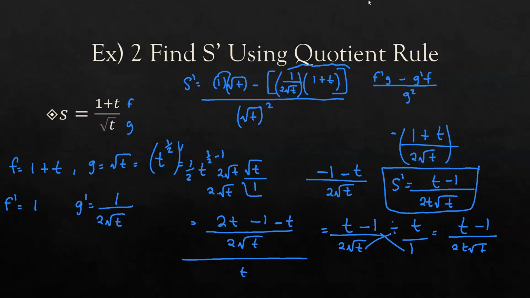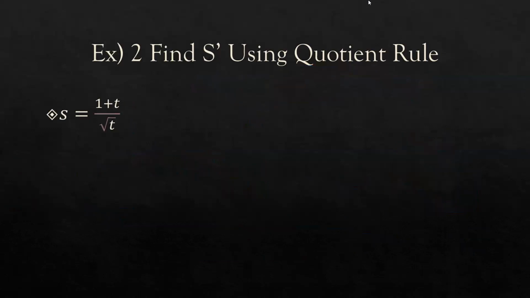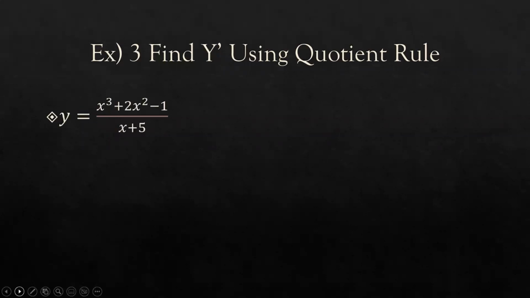Okay, let's move on to example 3. Example 3 is not too bad. It's actually easier than the first one. So this is your f, this is your g. My f is x cubed plus 2x squared minus 1.